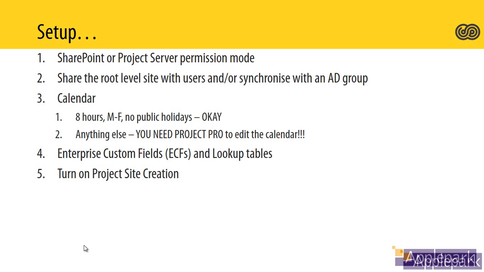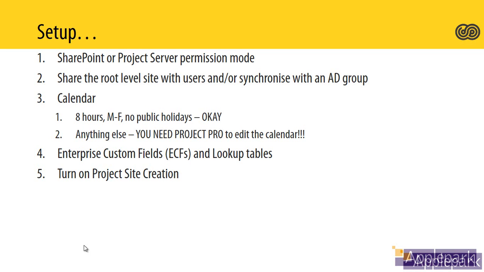And so I want to capture this sort of data. So with these enterprise custom fields, I tend to spend a lot of time going through workshops with customers and understanding how they want to categorize and group their data, which of those enterprise custom fields need to be project ones, which need to be task ones, which need to be resource ones, do any of them have formulas against them, all sorts of fun stuff like that. So I'm going to set up 2 of those just to show you how it's done.